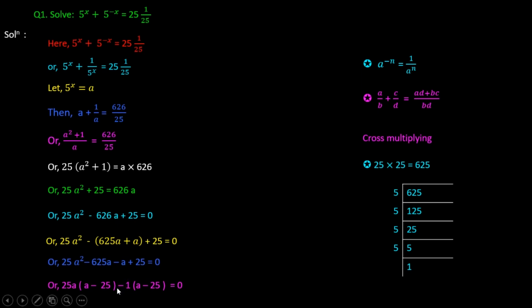While you take out minus 1 as common, the signs inside the brackets change. Plus becomes minus, minus becomes plus. So a has minus sign, so it is written as plus a inside the bracket, and 25 has plus sign, its sign changes to minus. You can write like this.